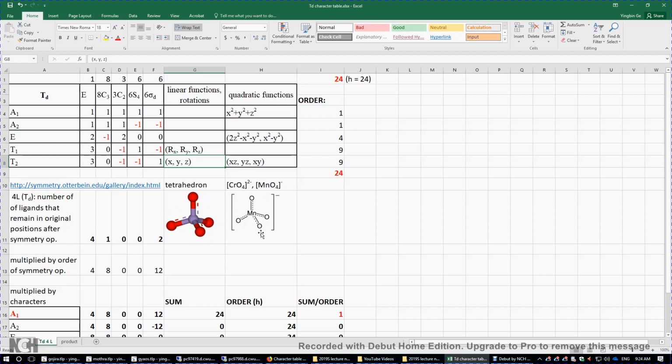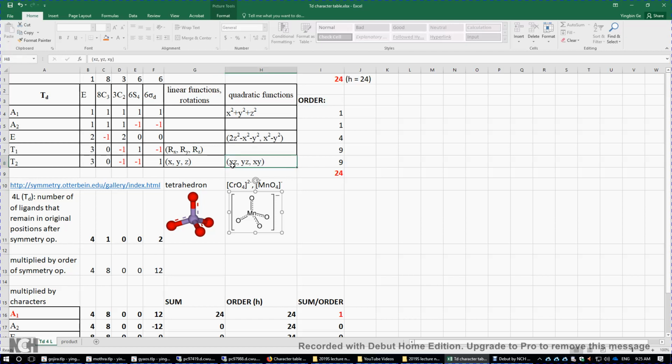Get back to transition metal chemistry. So we did mention that these 2 dz squared and dx squared minus y squared orbitals on the transition metal center will not interact with the 4 ligands. Therefore, those are non-bonding orbitals. Okay?